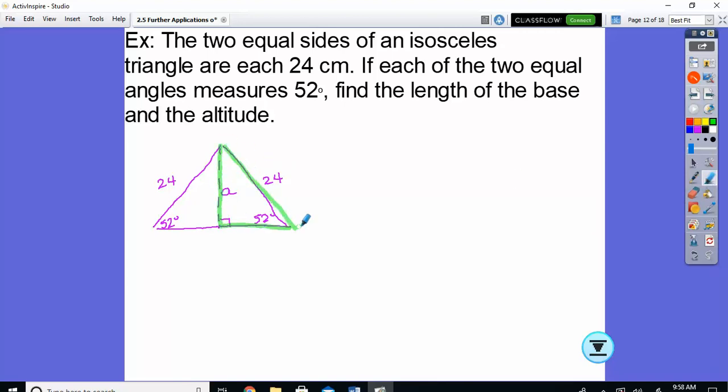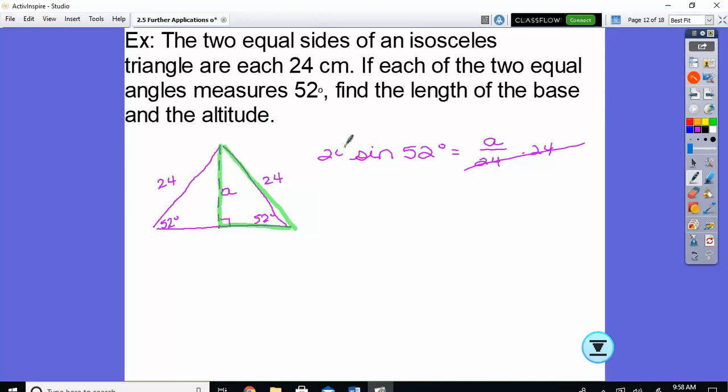So what trig function could we use? This is, from my 52, that side is opposite. 24 is hypotenuse, so we do sine. So sine of 52 degrees equals the opposite side A over the hypotenuse 24.